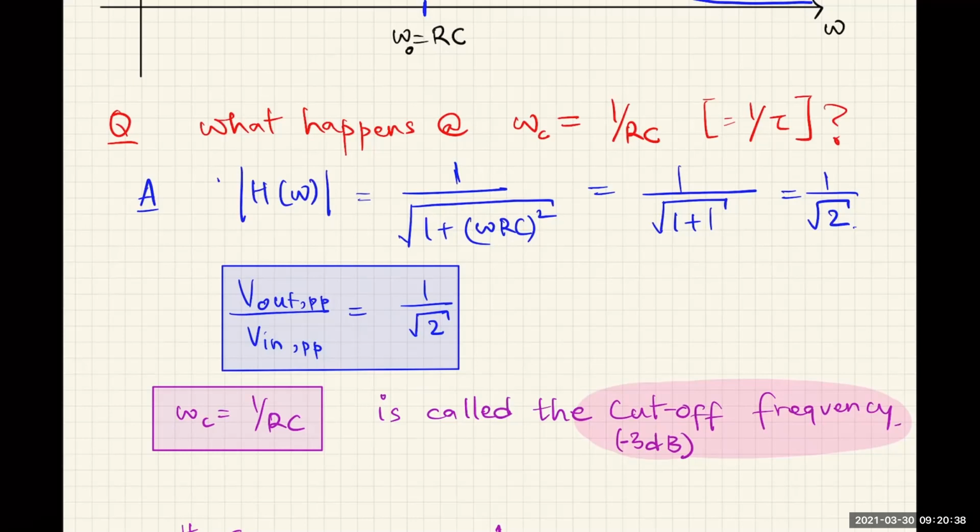This frequency, where omega equals 1 over RC, is given a special name. It's called the cutoff frequency, or more specifically, the -3 dB cutoff frequency.